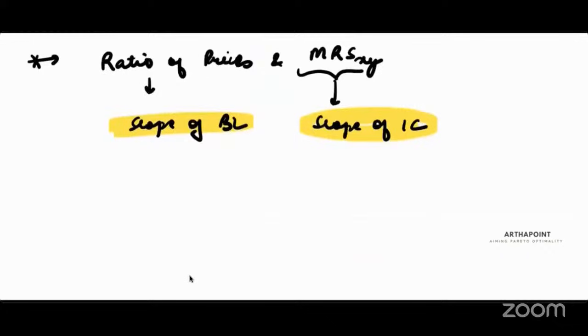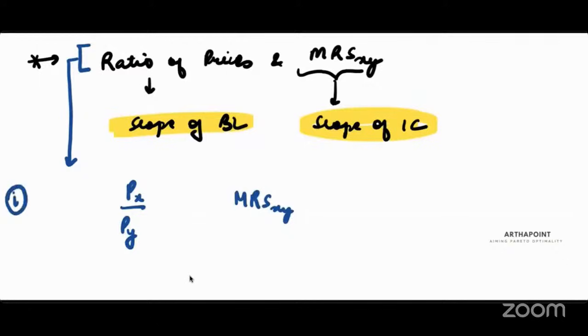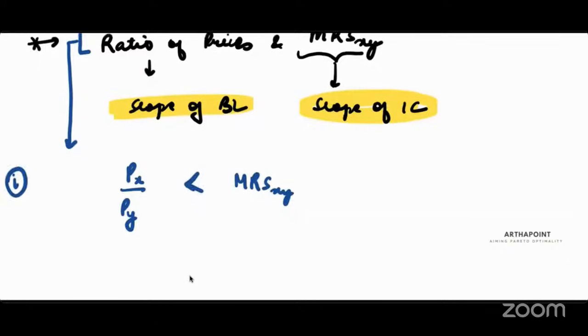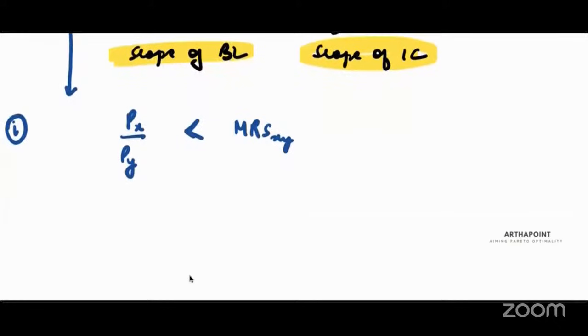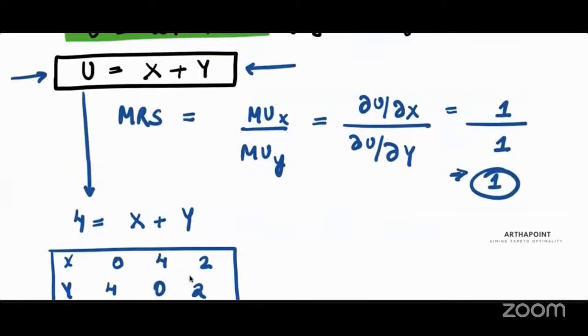To do that, what we do is the following. So we begin by saying that the ratio of prices is Px by Py. MRS XY I will write as is. And I will take the first scenario when this is less than MRS XY. In my case, I found out that MRS XY is simply 1.